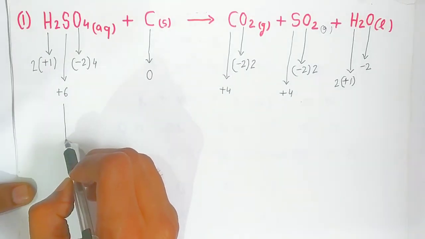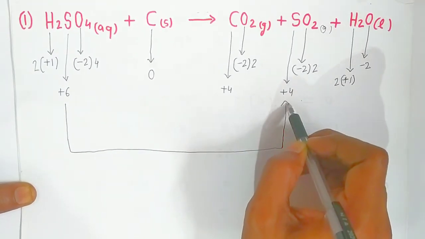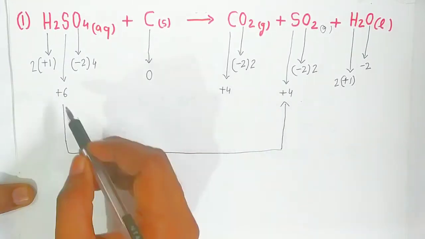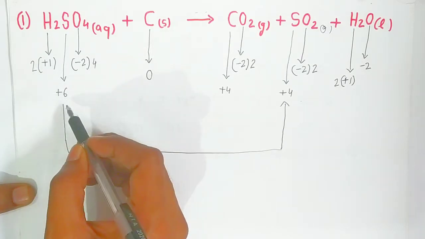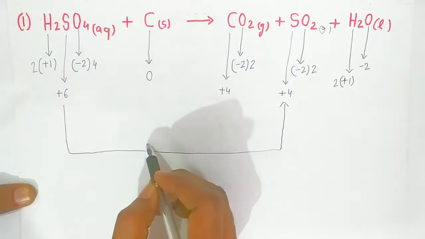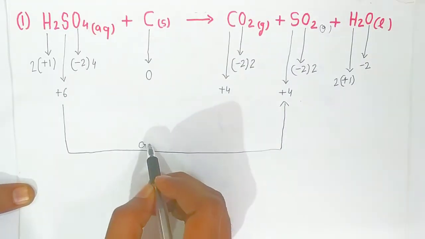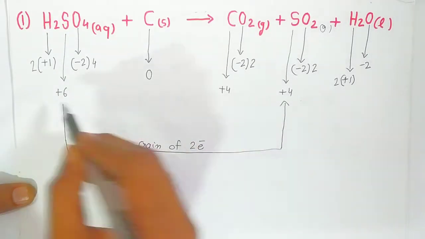So there is a decrease in the oxidation number. Why is it decreasing? That means it has gained electrons. If it takes the negative charge, then only it will become +4. So how many electrons has sulfur gained? There is a gain of 2 electrons. Then only it will convert from +6 to +4.